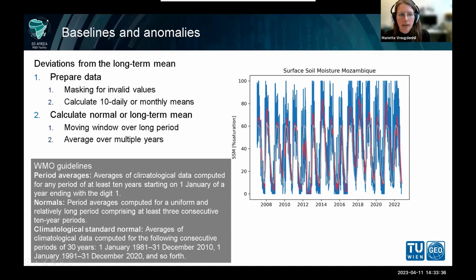Basically, most satellite data sets can only calculate period averages, and normals can only be calculated based on this ESA CCI data set that goes back until the end of the 70s. This is also why this is the ESA Climate Change Initiative. It is really focused on getting long periods of data so that climate normals and climatological standards can actually be calculated.